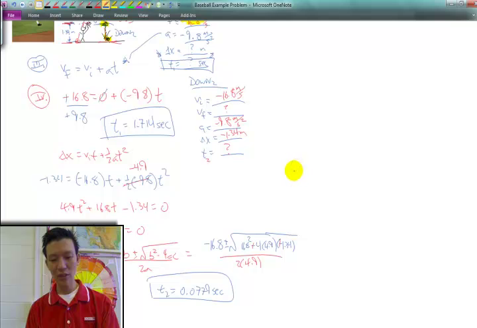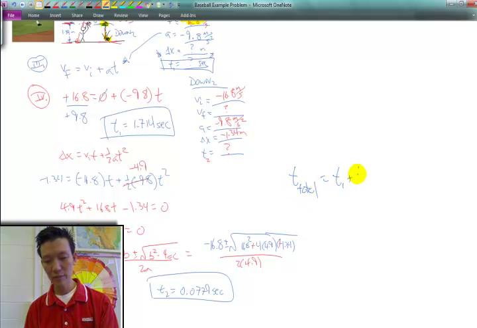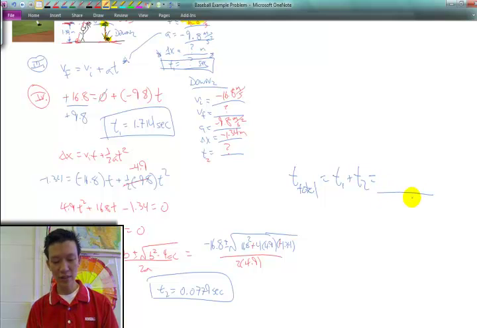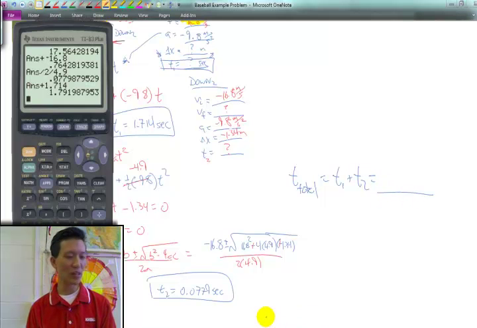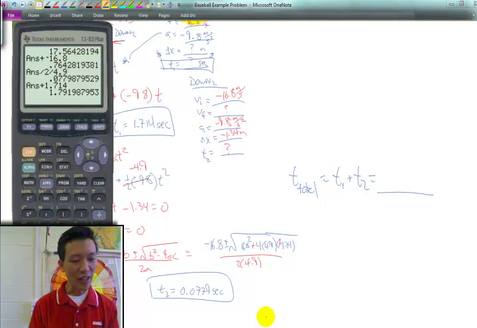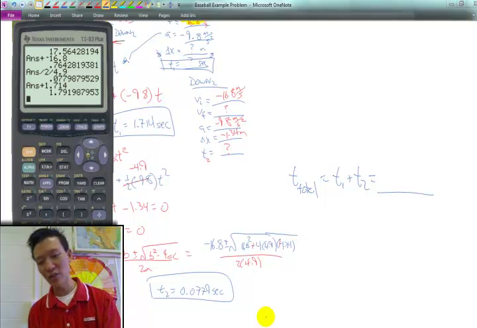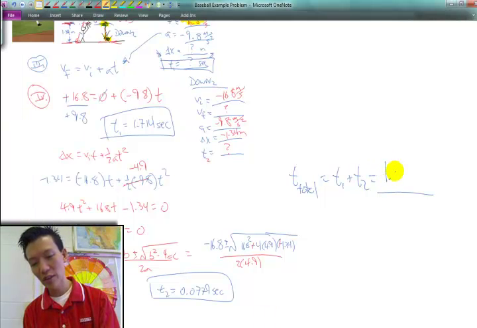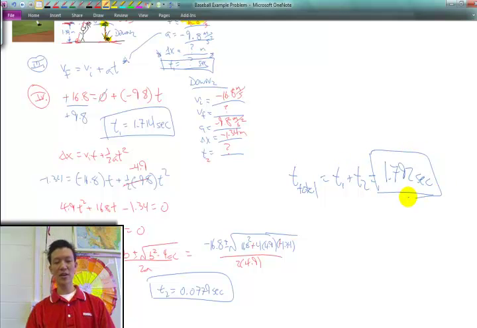Yep. So my time total is what we're looking for. Time total is just time 1 plus time 2. And I get, survey says, 1.7919. Good enough, okay? Which I guess we could round that off to 1.792. That should be enough decimals there, 1.792 seconds.